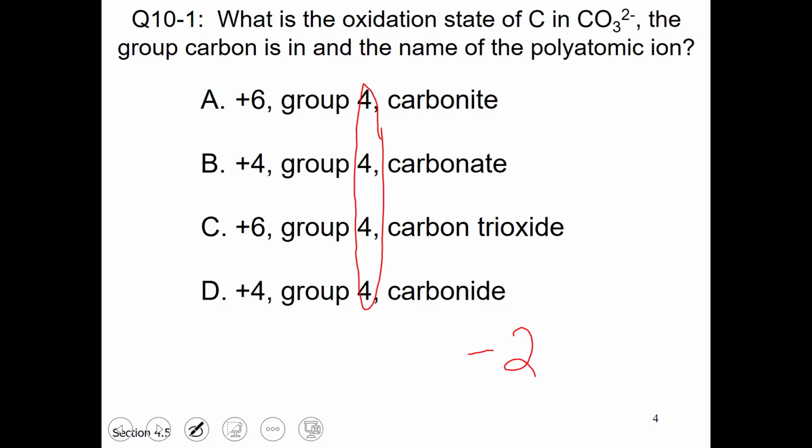We know that each oxygen is also going to be -2, so that's going to give us a -6. So something -6 equals -2. So I trust you realize that is +4. And since the charge matches the group number, I believe we need an ate ending. And I think we should probably call this carbonate.